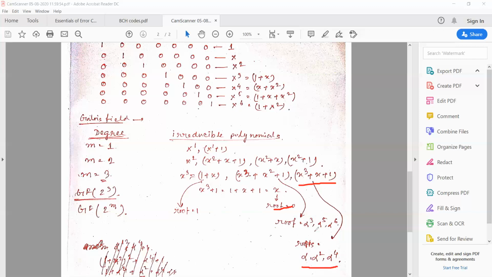So these are the possible roots in GF(2 to the power 3) for cyclic code (7,4).